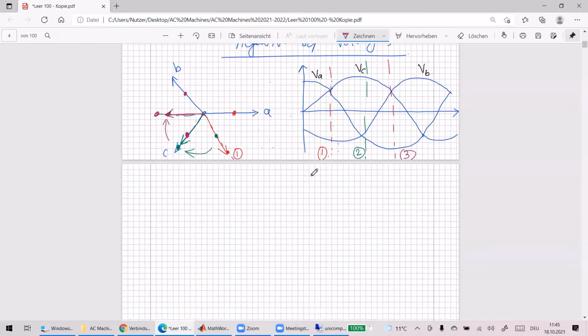So this was just to tell you the main difference between positive sequence, negative sequence, and the zero sequence.